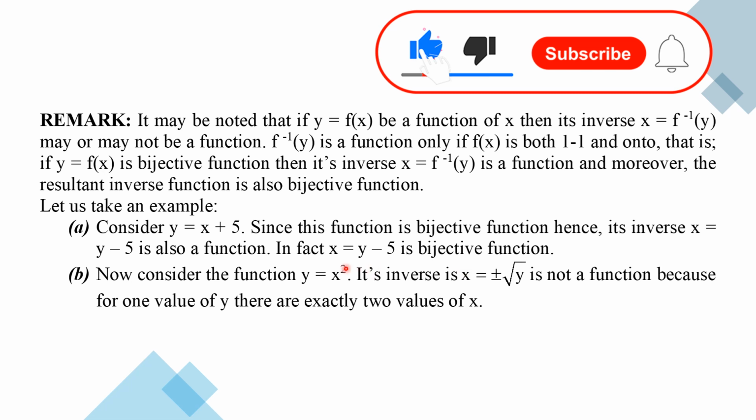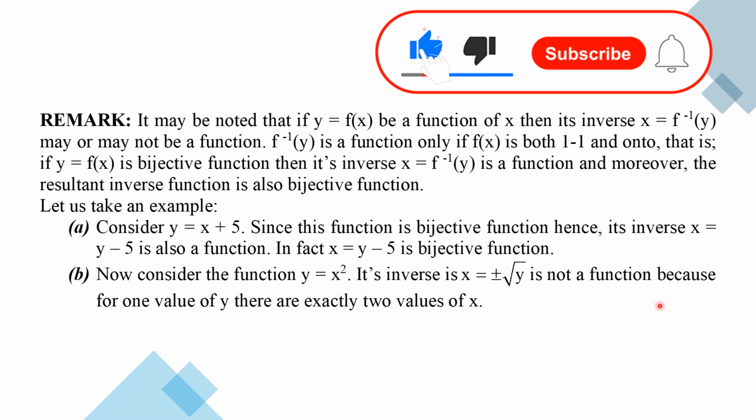You can check it, it is very easy: for every y we have a unique element, different elements have different images, and all real numbers are possible if we take x from the real numbers. Now consider another function, y equals x squared. Its inverse is x equals plus or minus square root of y.